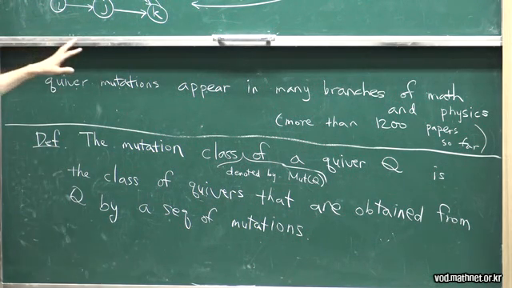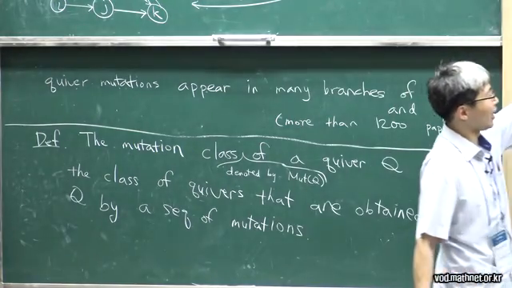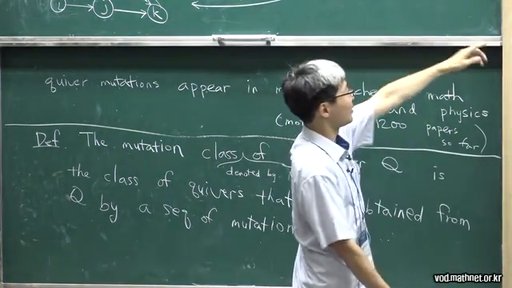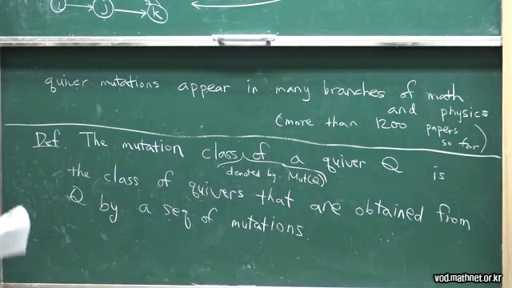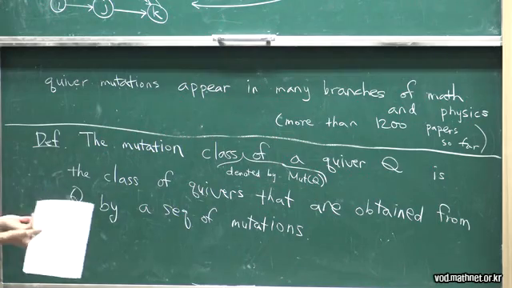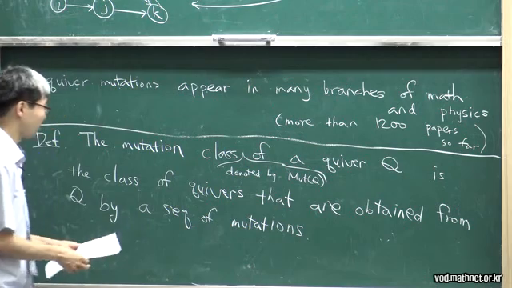Okay, so when I introduced this physics history, string theorists are actually using this notion to simplify quivers, but mathematically we need to make more precise what a simple quiver is.